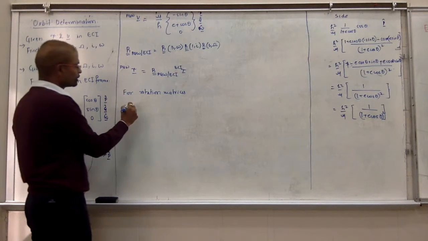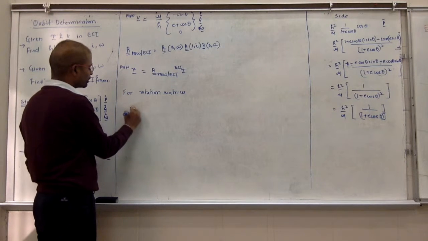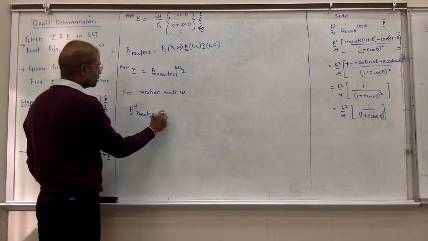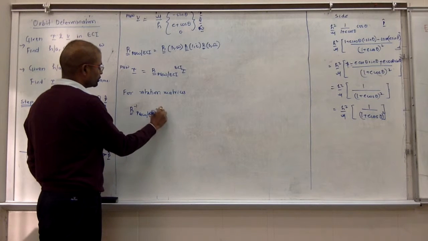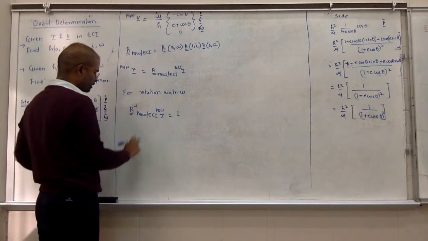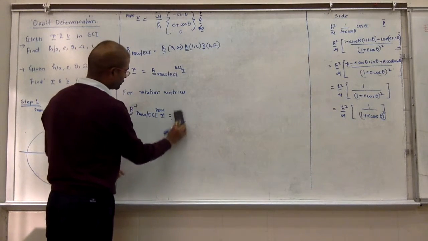So if you were to do this, R inverse PQW, you would get ECI. R PQW, you would get identity because R inverse, let me write this down.